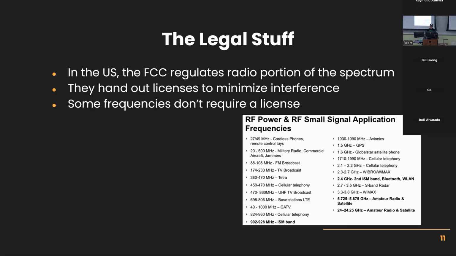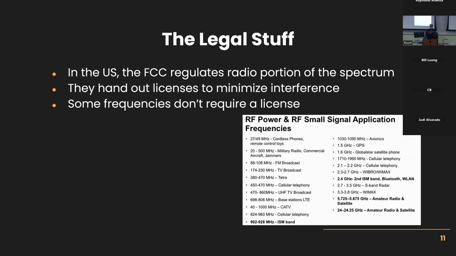All right, the legal stuff. In the US, the FCC regulates the radio portion of the spectrum, meaning that it distributes or regulates what can be used on certain frequencies. And they do this because they want to minimize interference with other sources. For example, if a radio station wanted to broadcast on a certain frequency, it would be conflicting to have another radio station broadcast because the range of a radio broadcast is pretty large.